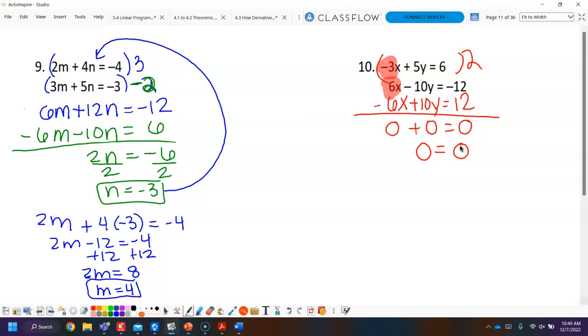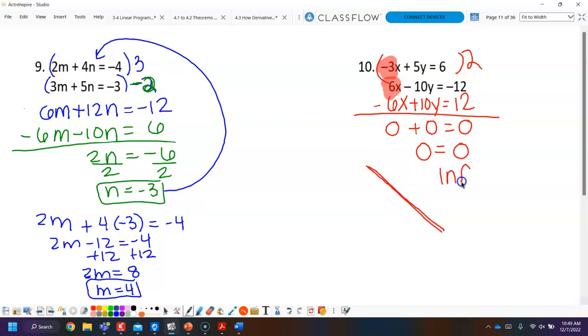What do you think? The opposite of that. Yeah. So instead of none, it's all. So if it's infinitely many solutions, what does that mean about these two lines? Same line. So if I were to graph one line, the other line was right on top.